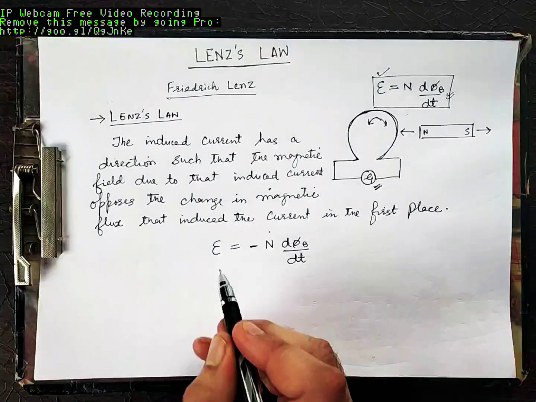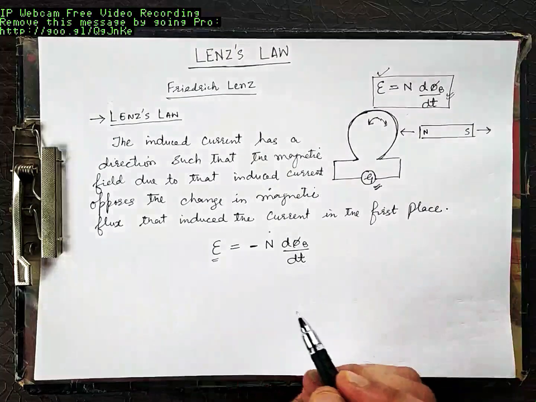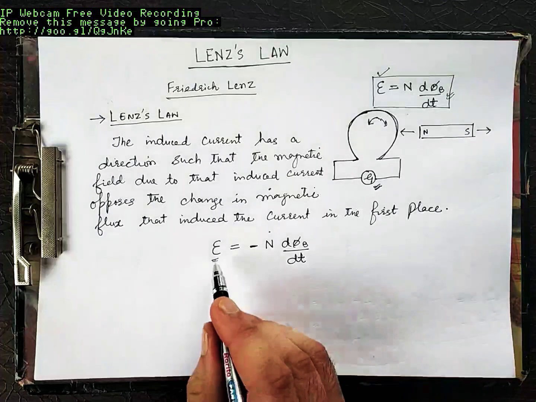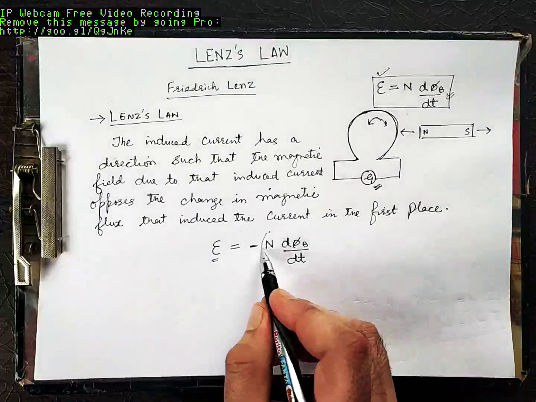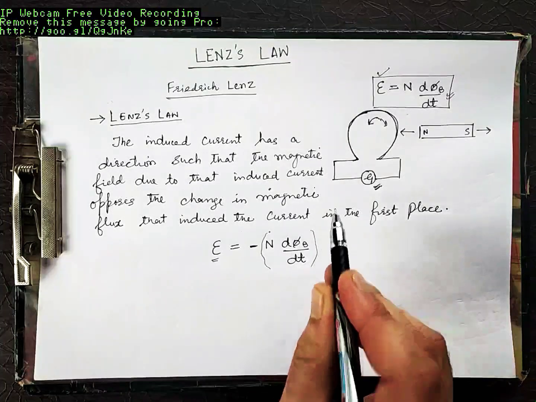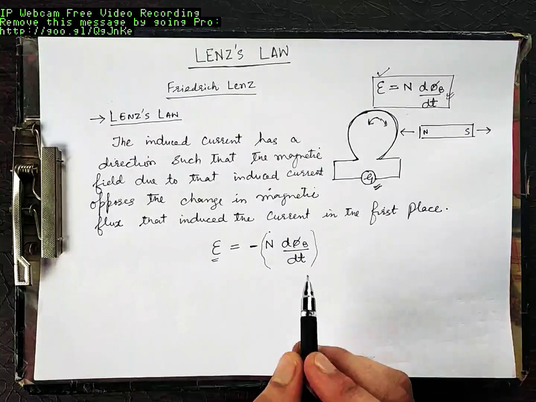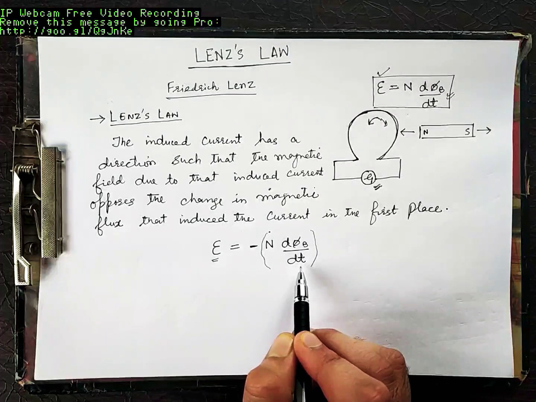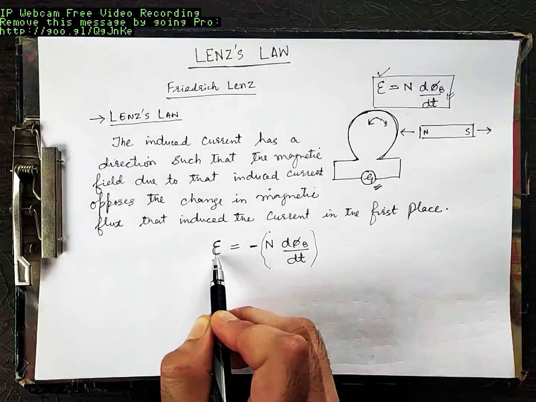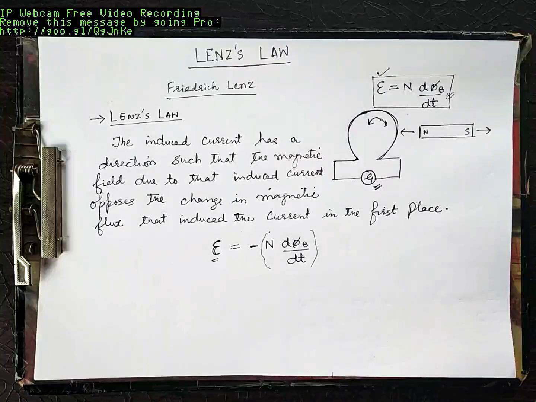This means the induced EMF, or induced current, will be in such a direction that it is opposite to d phi by dt, if your flux increases with respect to time. E will be such that it produces a current which opposes the change that originally caused this induced voltage or induced current.